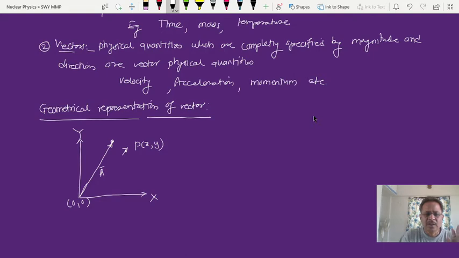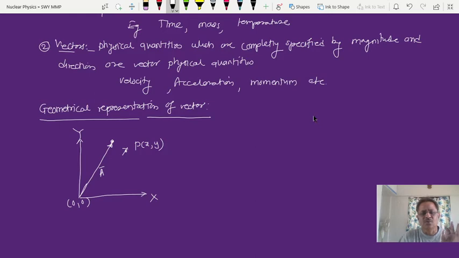So this is the way we represent a vector on the plane or on paper. Whatever point is on that xy plane, each and every point will have its vector joining that point from the origin.